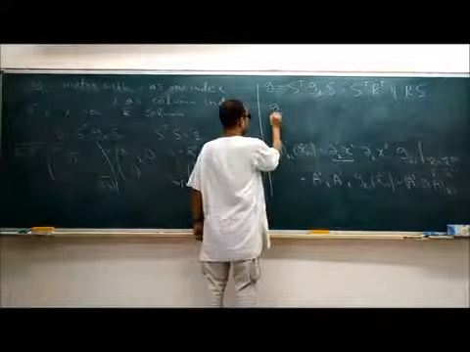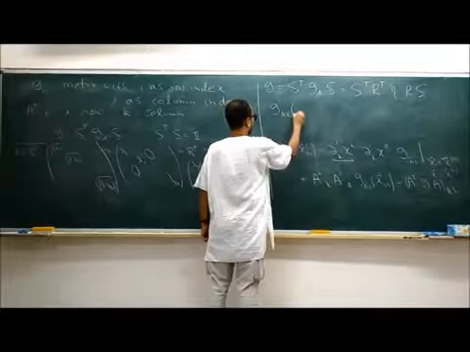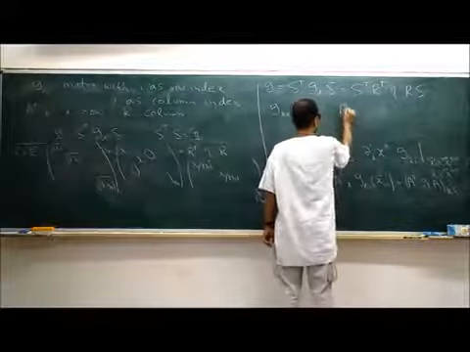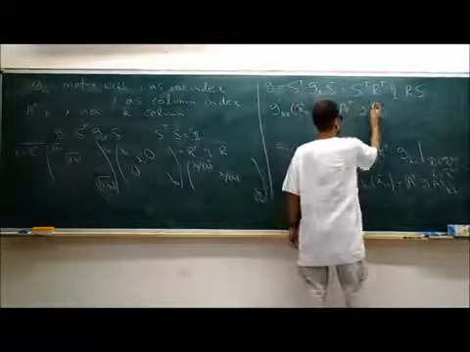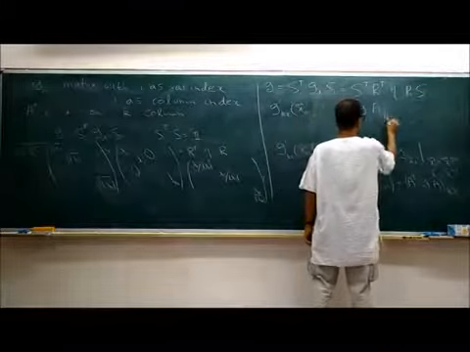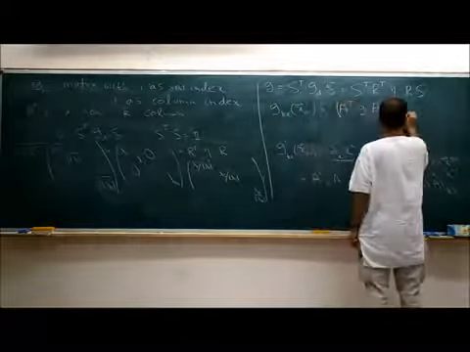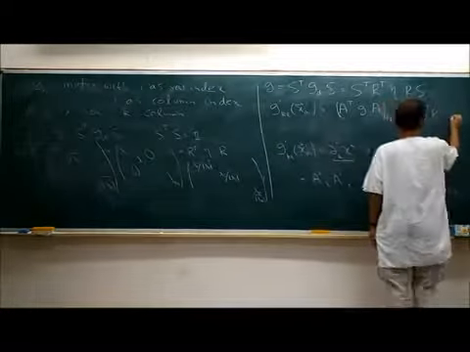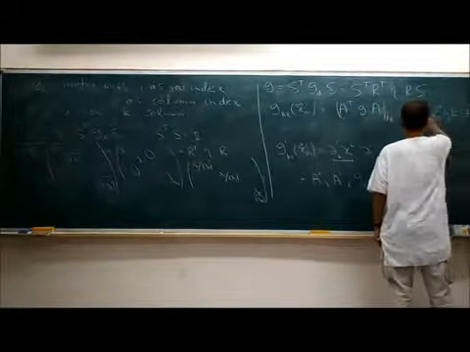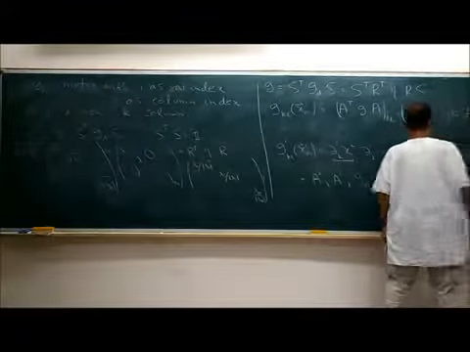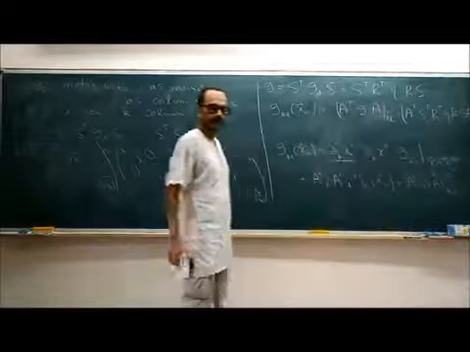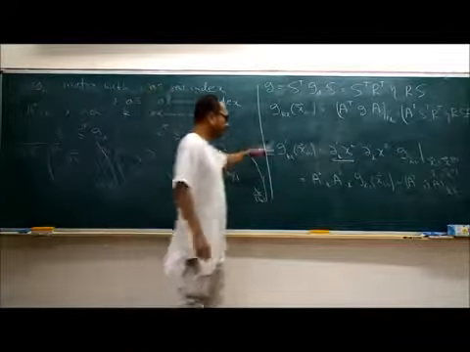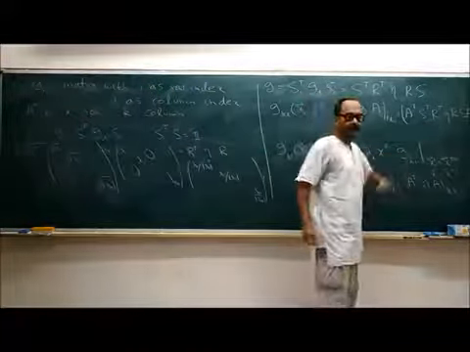So G prime KL at X prime naught is A transpose G A KL, which, using this, I can write as A transpose S transpose R transpose eta RS KL. It is clear, I am just using this equation to get it in this form.